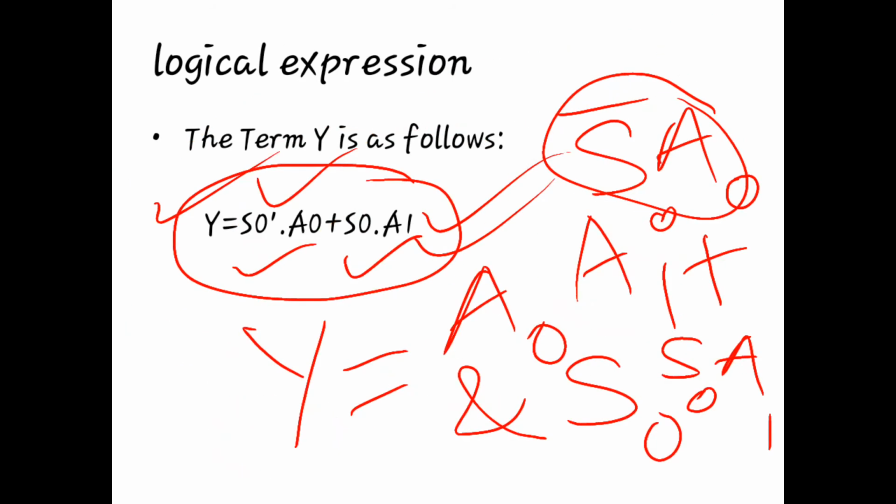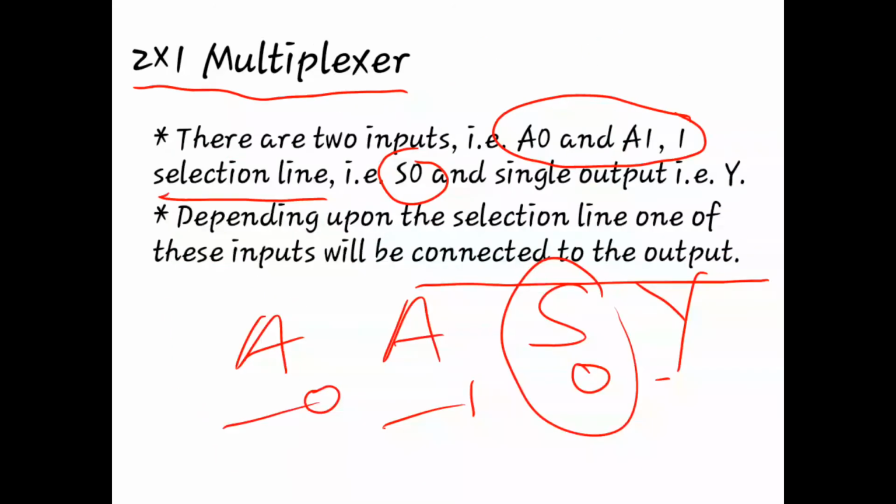So let us recall it again. We are having two inputs, one selection line and a single output. So depending upon the selection line, one of these inputs will be connected to the output.